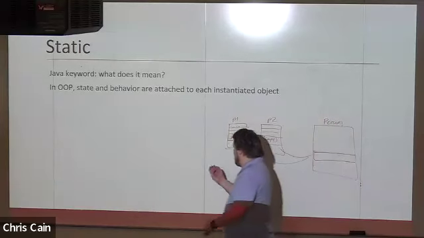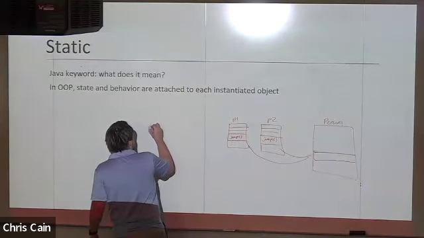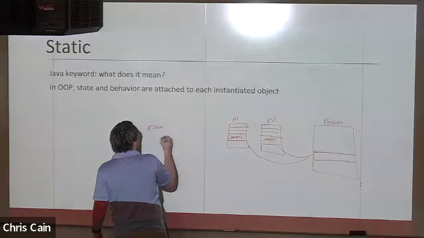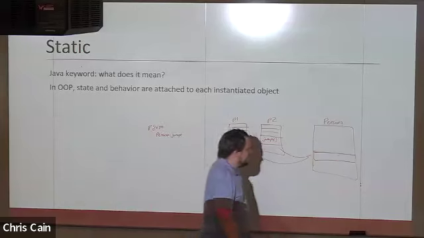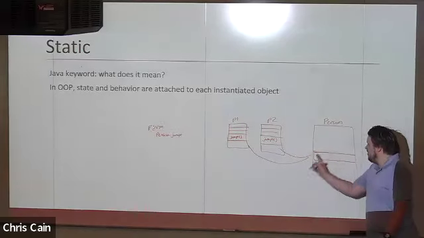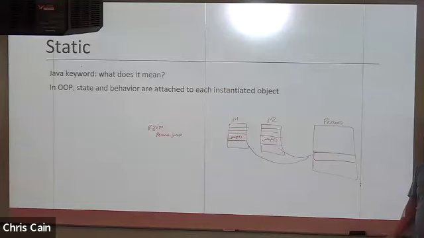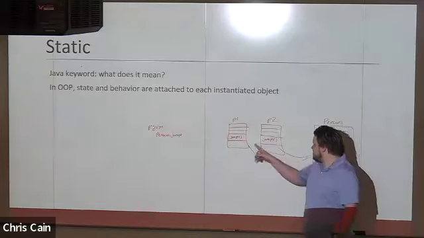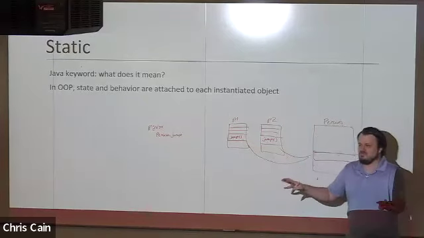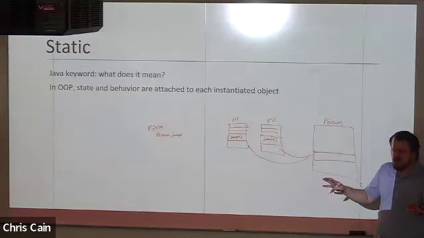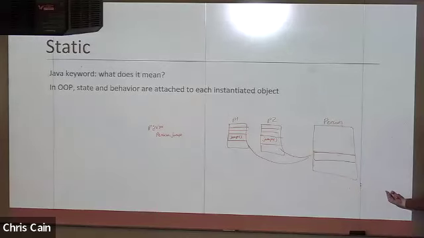So if somewhere in a public static void main, which has that keyword static in it, you were to say something like person.jump, this is referring to the code that tells for a generic person, how do you jump? But how person one jumps and how person two jumps is different. So it doesn't know which one of these you're referring to since they're separate jumps. It just means that there's some ambiguity there and it cannot resolve that ambiguity because there are multiple jumps. There's not one single jump.